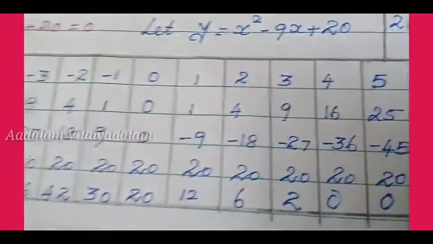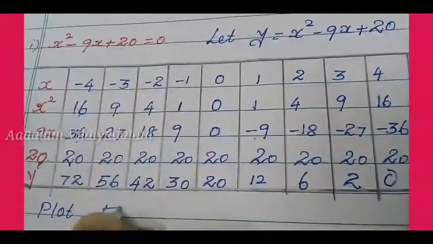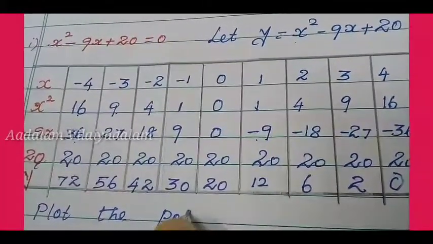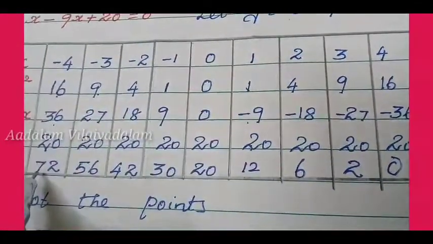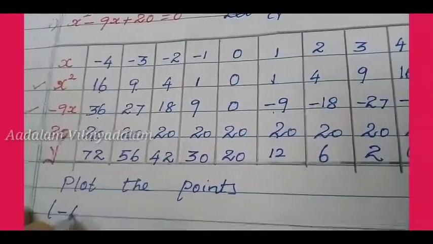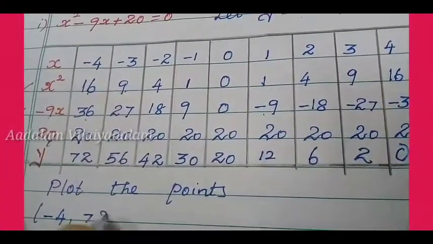Now plot the points. The first point: x value minus 4, the corresponding y value is 72. So minus 4 comma 72.